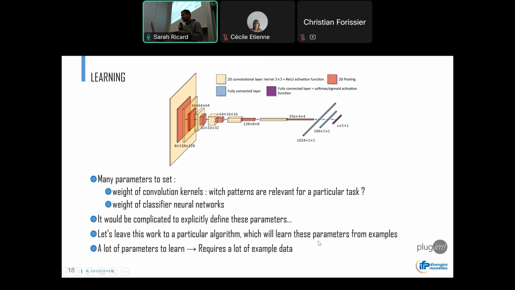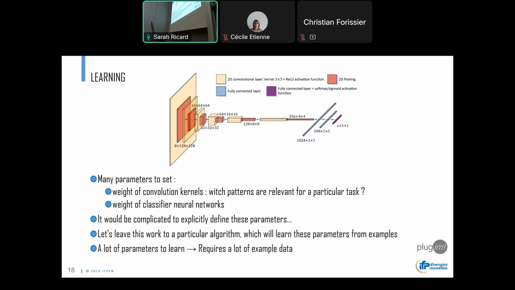We have a lot of parameters to learn, so we require a lot of example data. It's not that you need 1,000 examples, but you need some examples. It can be 2, 3, or 10 examples, and you need numerical tricks to create more data.